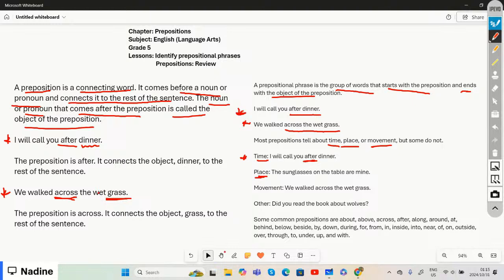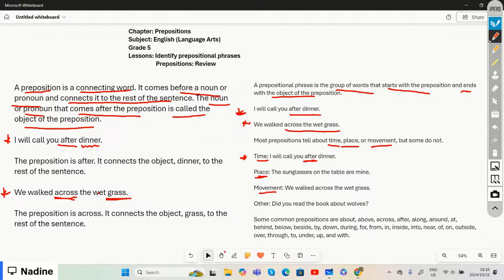We need to look for the word. And then we also have our preposition of movement.